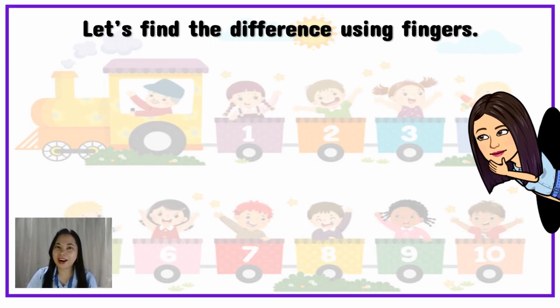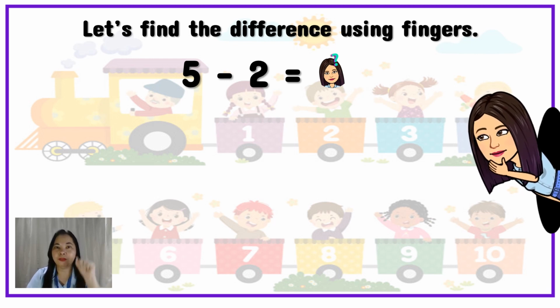Let's find the difference using our fingers. So let's have the first example. 5 minus 2. So let's find the difference between 5 and 2. So we're going to show in our fingers the minuend, which is 5. So 5 fingers.